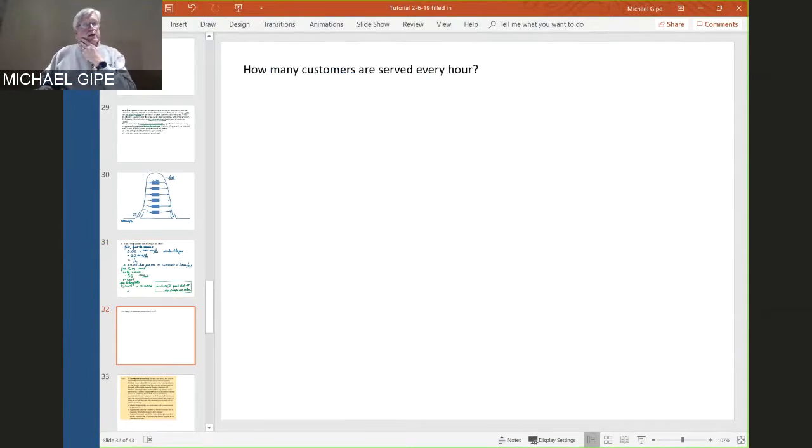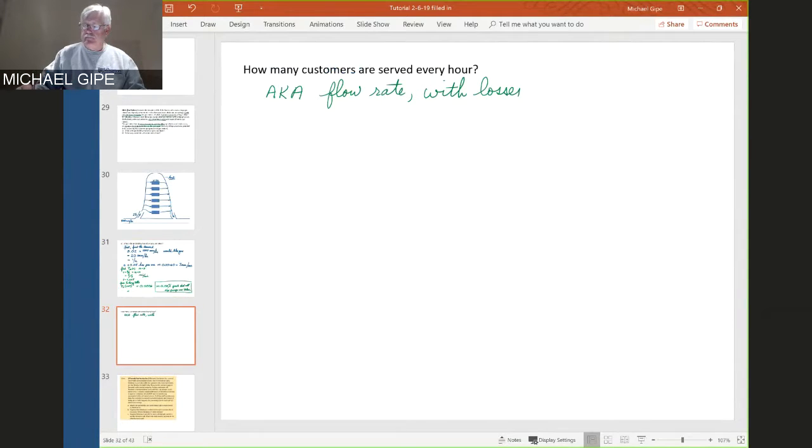Next question, how many customers are served per hour? This is also known as the flow rate, with losses accounted for. So we have to reduce the demand rate by the losses to get the flow rate through the system.